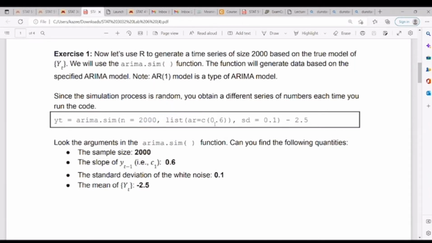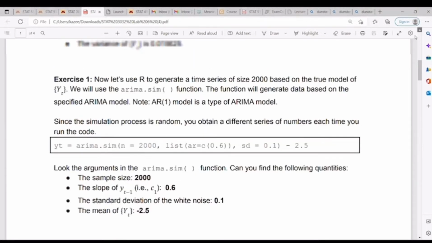We're assuming that our C1 is 0.6, and the standard deviation is 0.1. You know why the standard deviation is 0.1? Don't forget, this is the model that we want to simulate the data from.